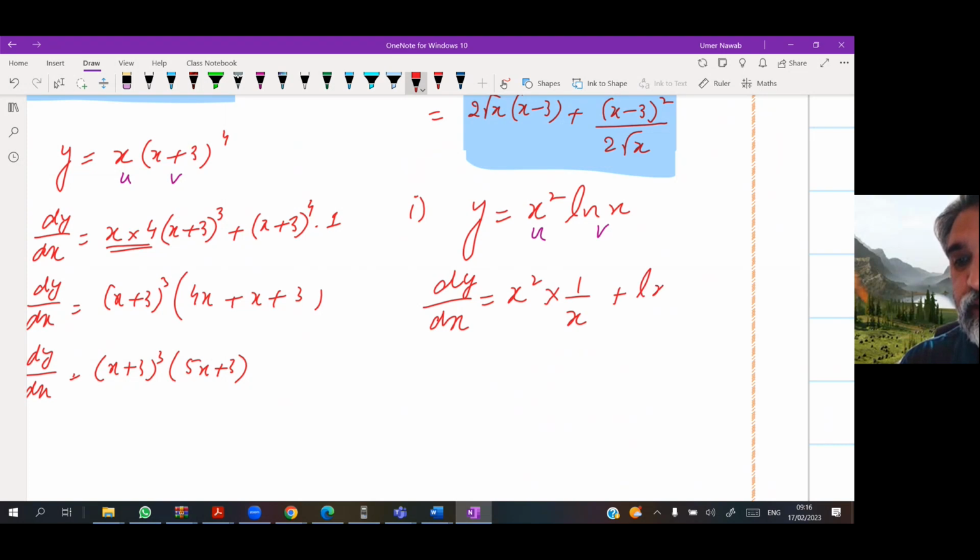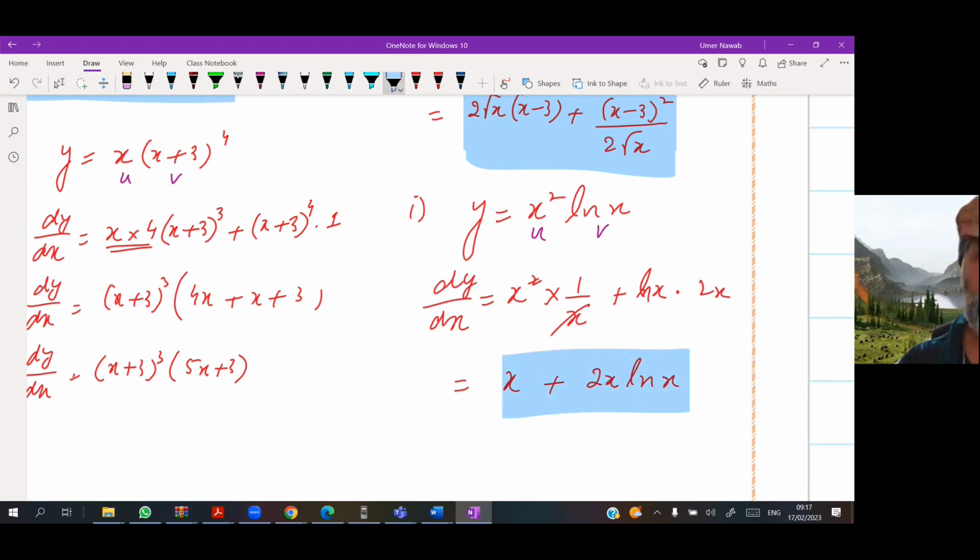And then v as it is, u prime, which is 2x. Cancel x with this one. So x plus 2x ln of x is the final answer for this particular question. If you want to take x common, you can take x common as well, but it's up to you.